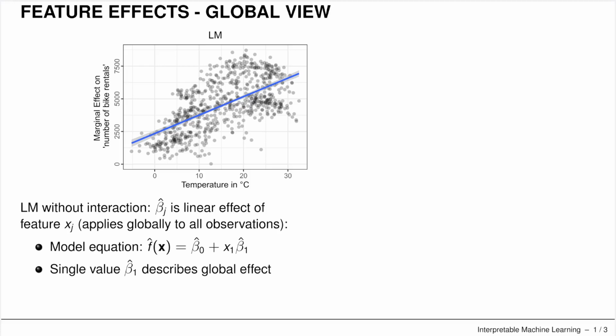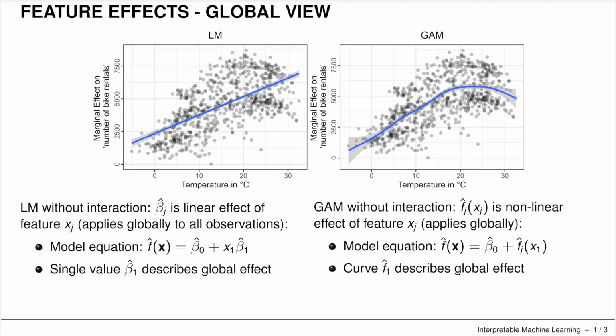Of course, this makes a linear model so attractive because you have only one single value to interpret to understand the effect of temperature. However, the drawback is that the model will be limited in its flexibility. We have learned about GAMs. GAMs estimate nonlinear effects of features and are a bit more difficult to interpret.